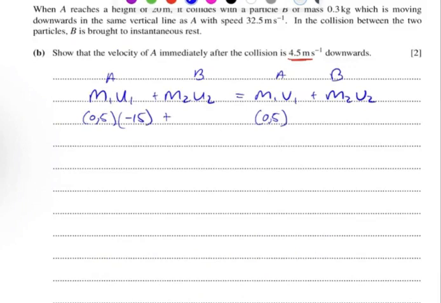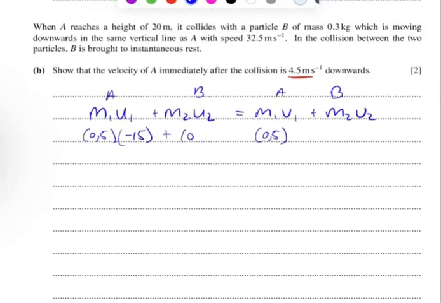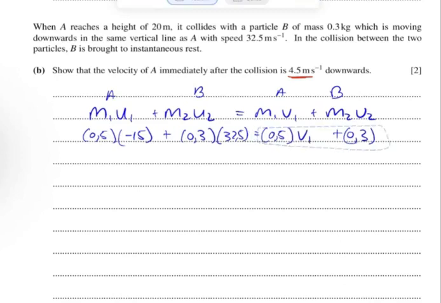And the mass of B is 0.3, and B was coming down at 32.5. Then for A, we are trying to show the velocity of A after the collision, and we know that B came to instantaneous rest, so that's 0.